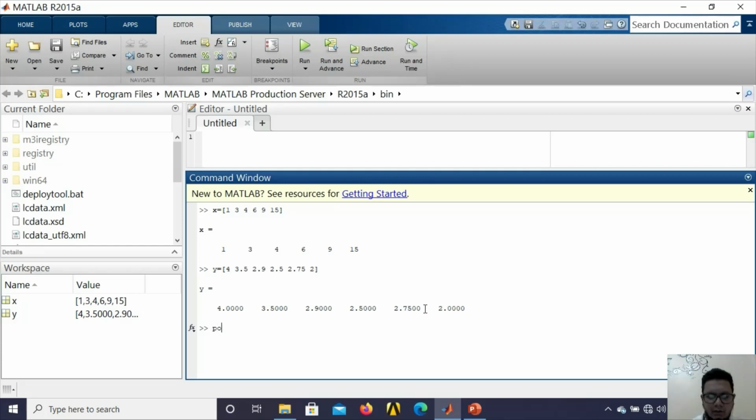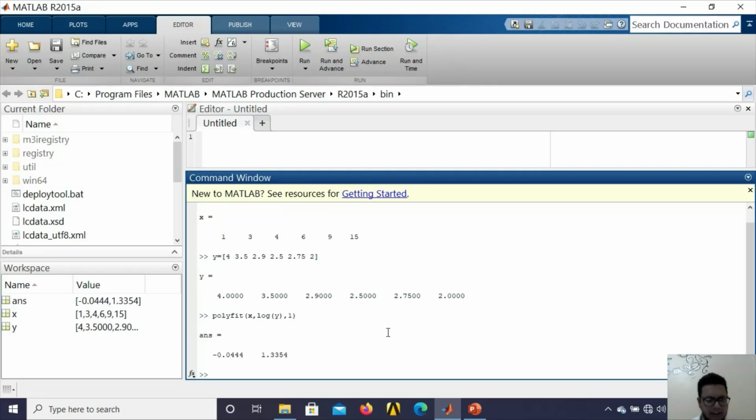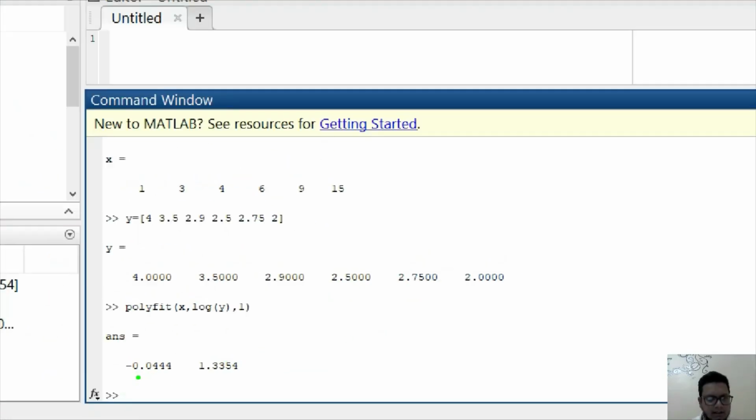Now use polyfit. Write your independent variable, then write log of y. I'll explain why I am writing log of y, comma 1. Press enter. You got minus 0.0444 and 1.3354.